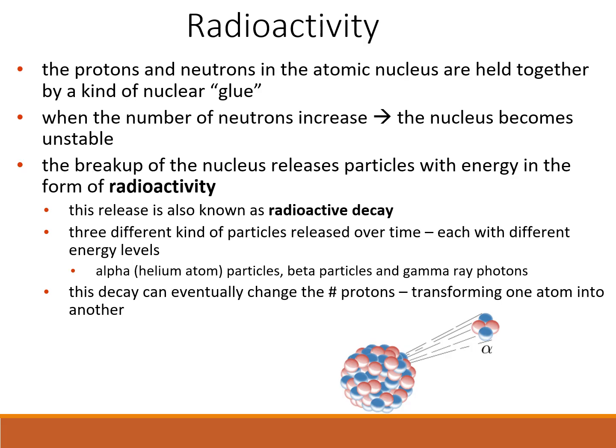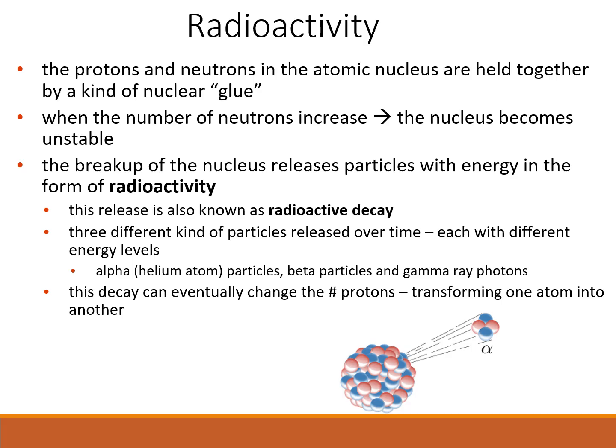And if you start adding too many neutrons to that nucleus, the glue can't hold the extra neutrons, and the nucleus becomes unstable. The breakup of the nucleus releases particles with very specific energy, and that particle release is now called radioactivity. The breakup of the nucleus and the release of these particles can also be known as radioactive decay.